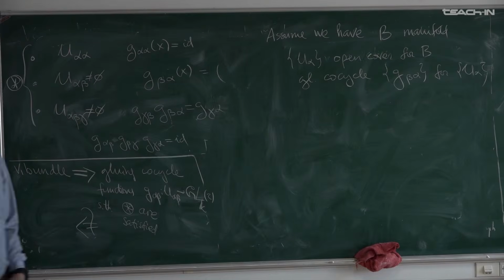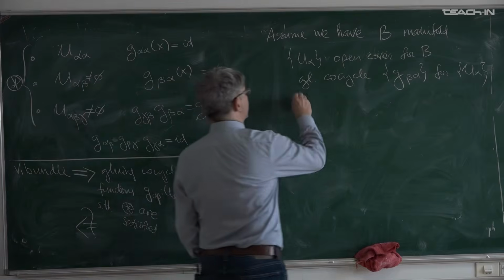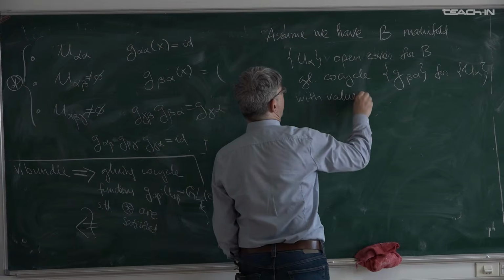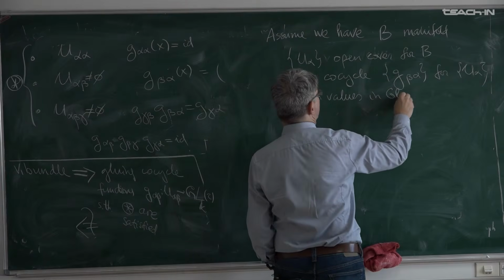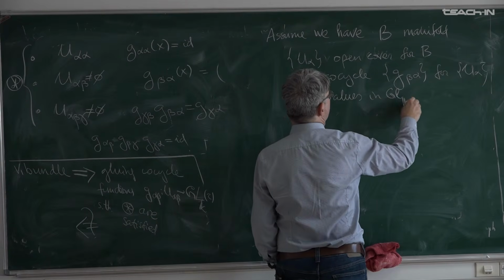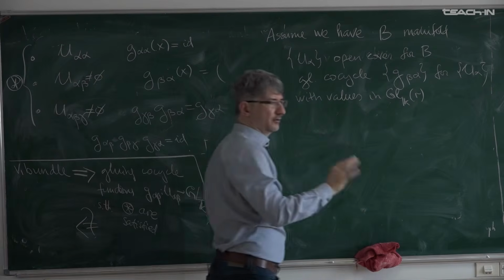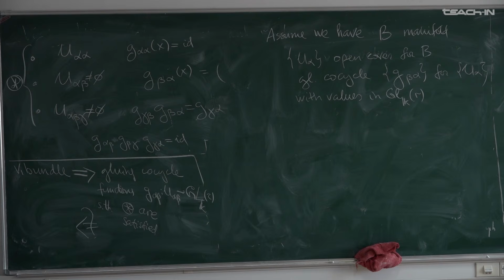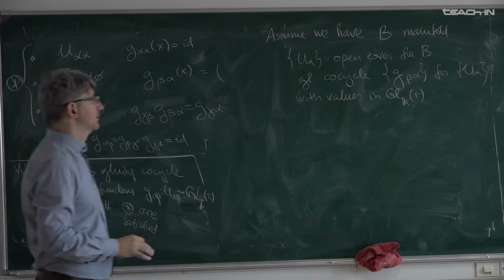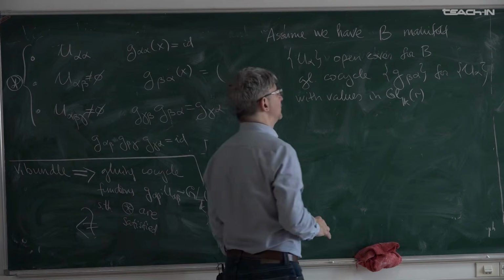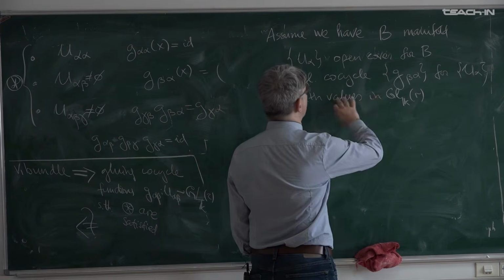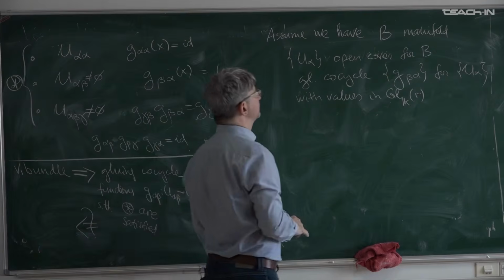The gluing cocycle has values in the general linear group. I don't want to consider orthogonal or unitary, this would be an unnecessary detail. So let us think that values are in the general linear group.